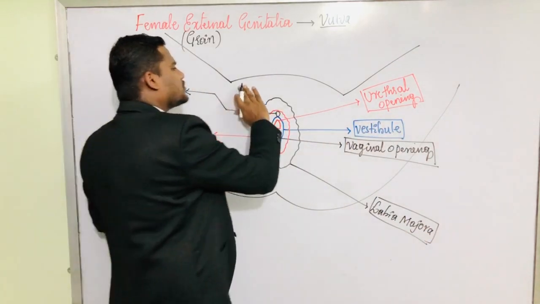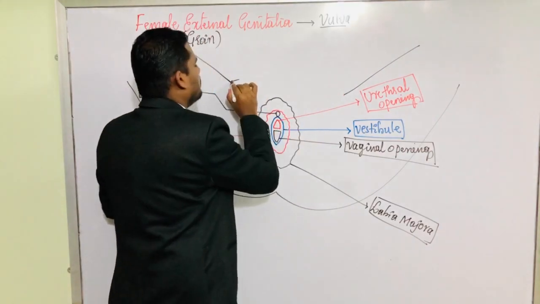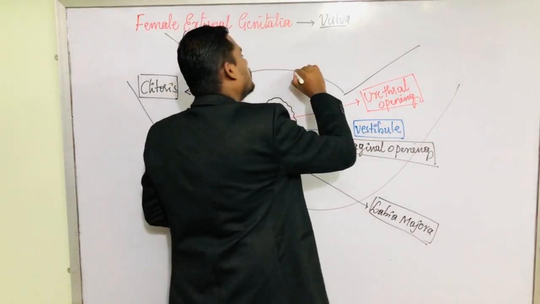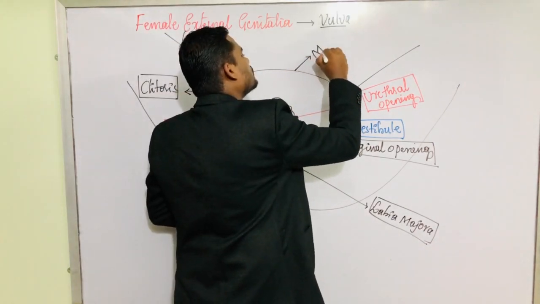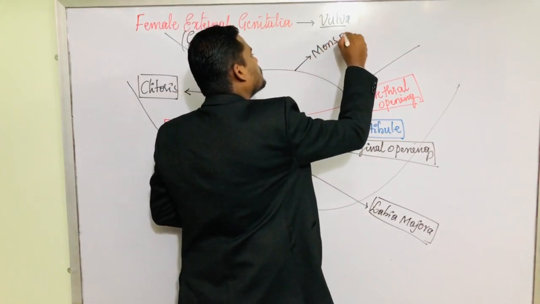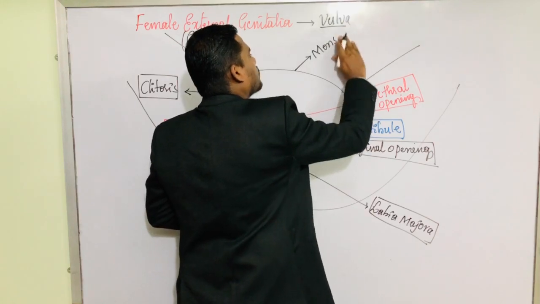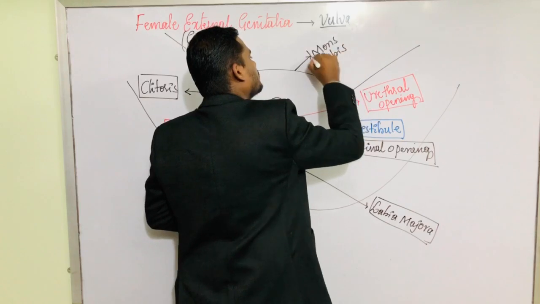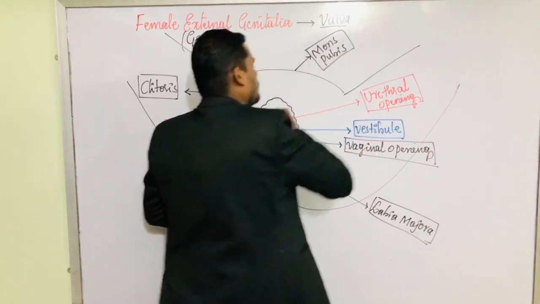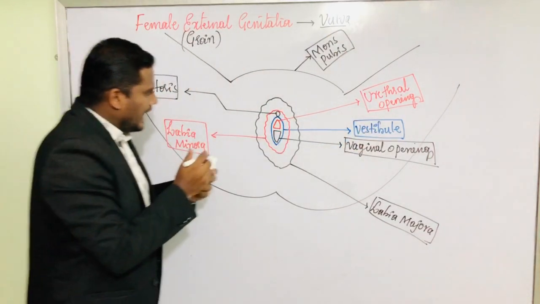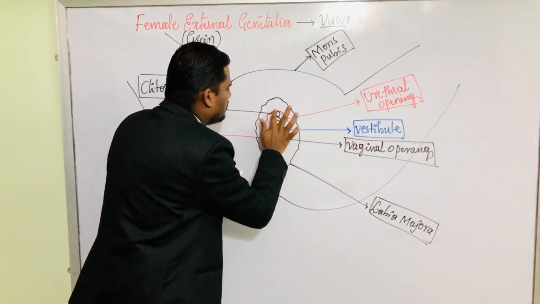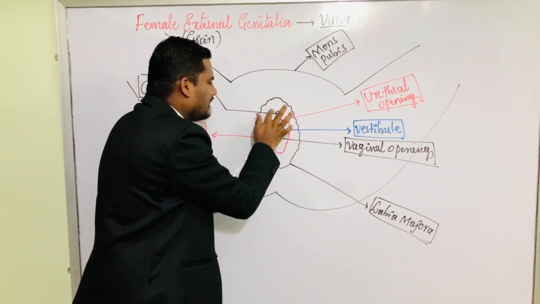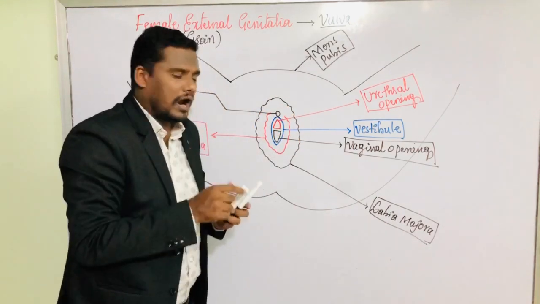Then this entire portion is called the mons pubis. And the loose skin, what is the skin fold that I am erasing here? It is nothing but the labia minora.